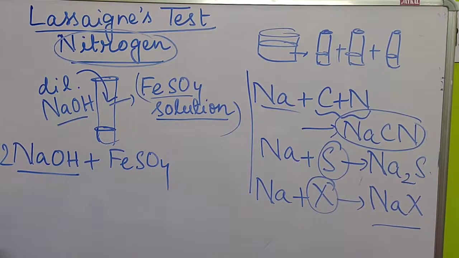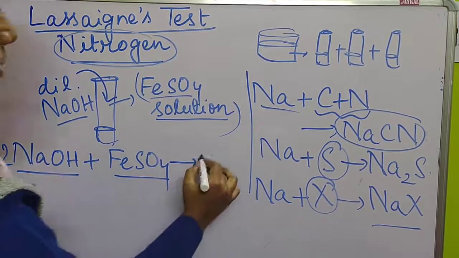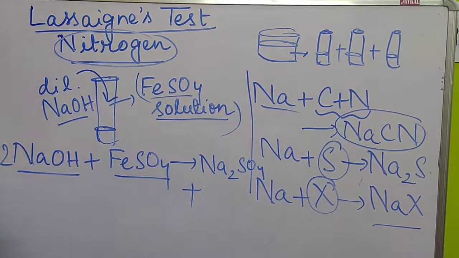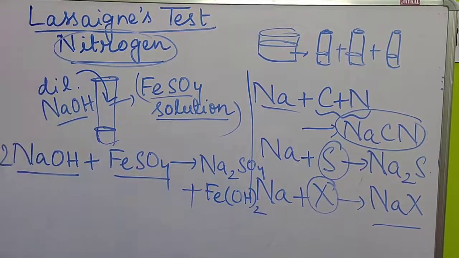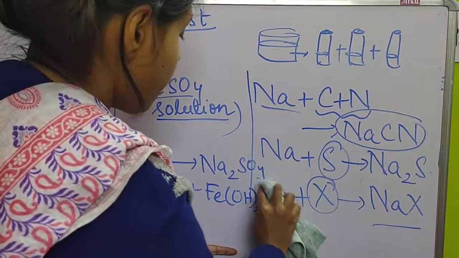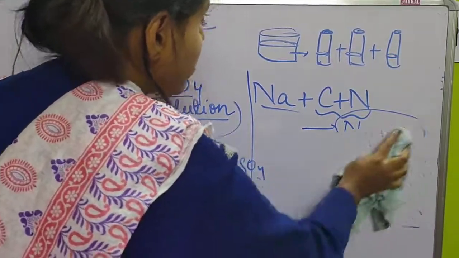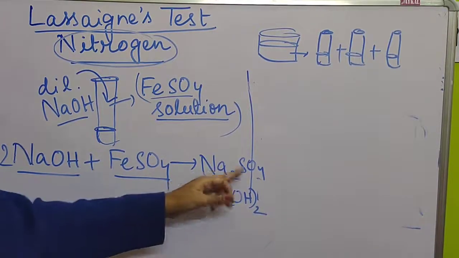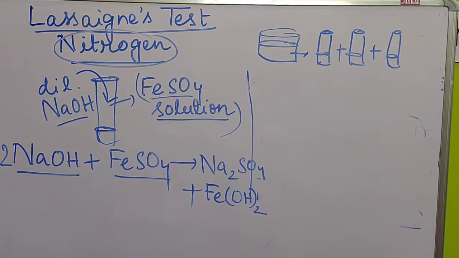So dilute NaOH, whenever it reacts with FeSO4 solution, it will form sodium sulfate, Na2SO4, plus Fe(OH)2. Whenever freshly prepared ferrous sulfate solution reacts with sodium hydroxide, it will make these two compounds, sodium sulfate and ferrous hydroxide, Fe(OH)2.